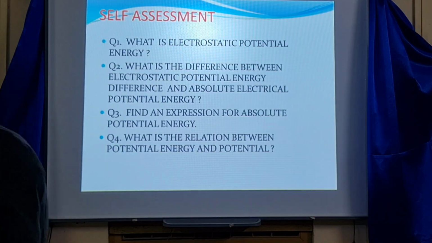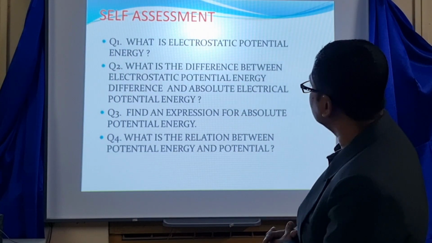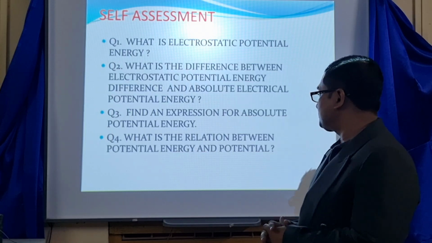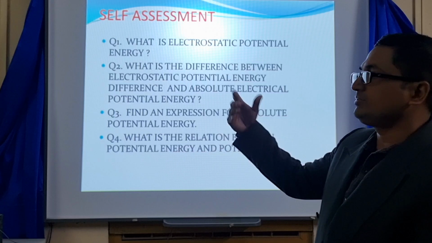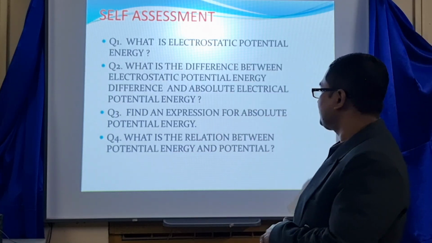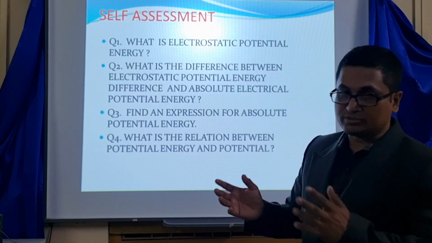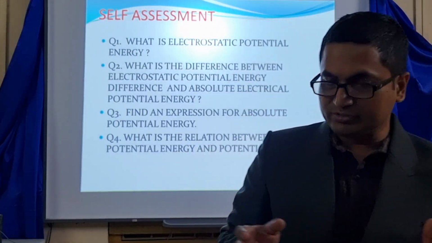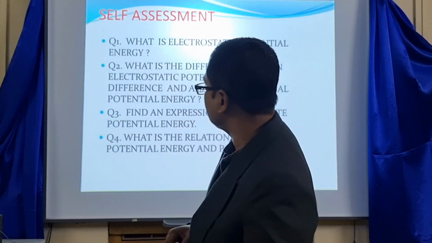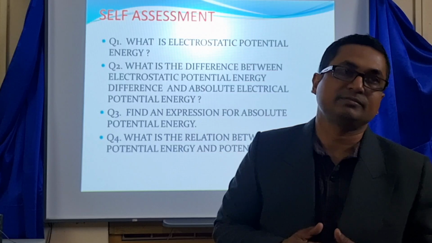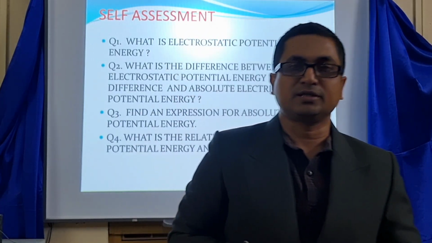So finally, what is electrostatic potential energy? That's the definition: work done, and then the difference in potential energy, and absolute potential energy. We talked about finite distance points. If the initial point is at infinity, automatically it becomes absolute potential energy. Then the expression that we have derived here, and again the relation between potential energy and potential is U equal to V into small q. That's the relation. So with these things, while winding up this video, I hope that you enjoyed the video. Thanks for watching. Bye.